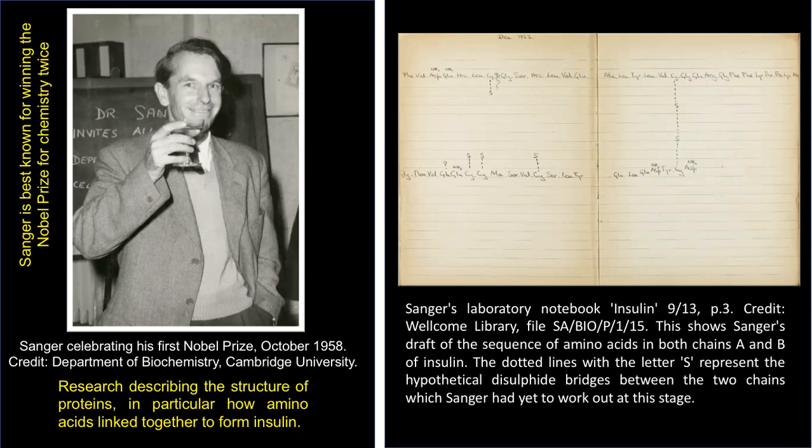This picture that you are seeing right over here is one of his laboratory notebooks from when he was working on amino acid sequencing of insulin, and among the many notes he made, you can see dotted lines, which could have been the positions for the disulfide linkages in this protein molecule.